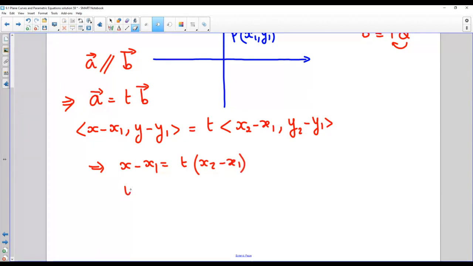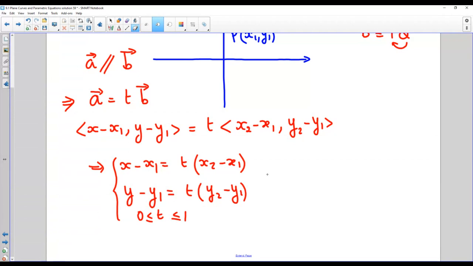And we also get y minus y1 equal to t times y2 minus y1, like that. And the value of t will go from 0 to 1, like this.